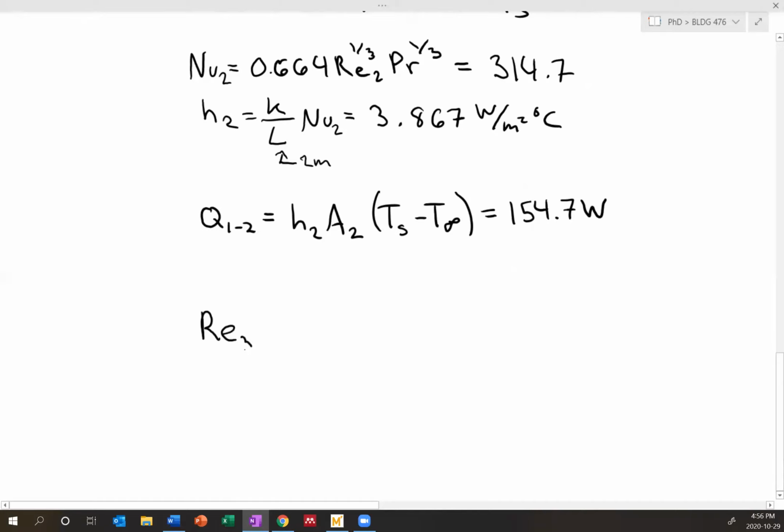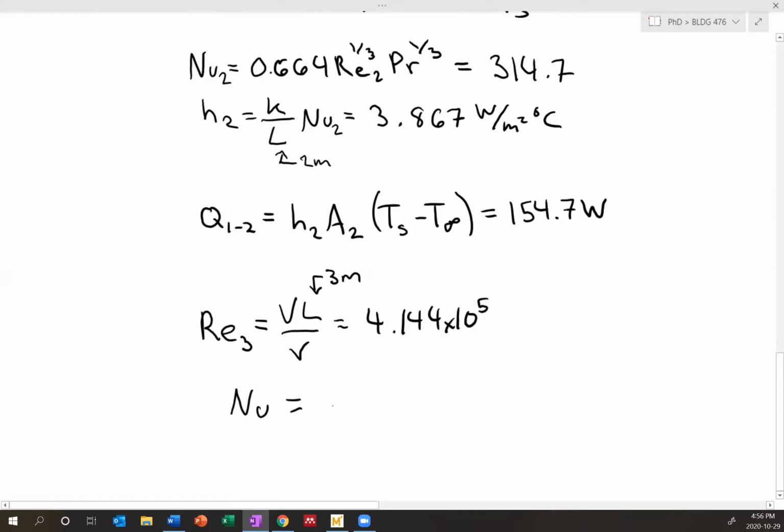So our Reynolds number 3, same equation, except this time we'll use our 3 meters. So now we're getting close to the turbulent region, but we knew we wouldn't get there because we calculated our critical length at the beginning. And if we did get into the turbulent, it would be just a different equation that we use.